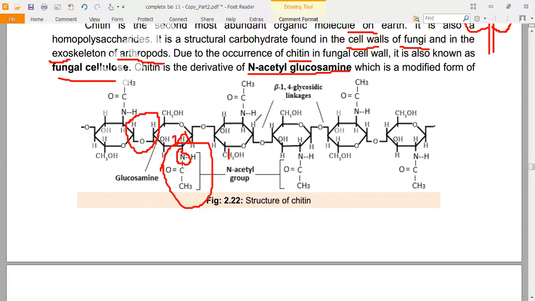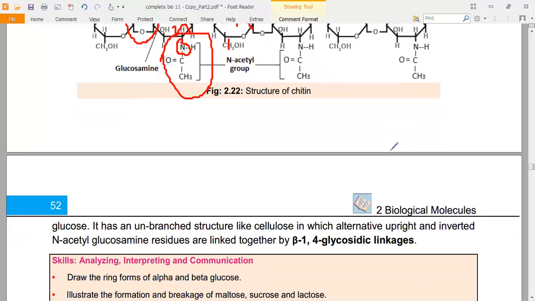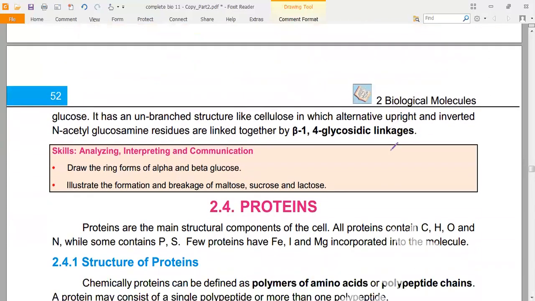When the other molecule of glucose is flipped, this N-acetyl group will be flipped also, because it is attached with carbon number 2. So like that, the alternate molecule is flipped upward or downward, upward or downward. This makes the same arrangement as in cellulose.